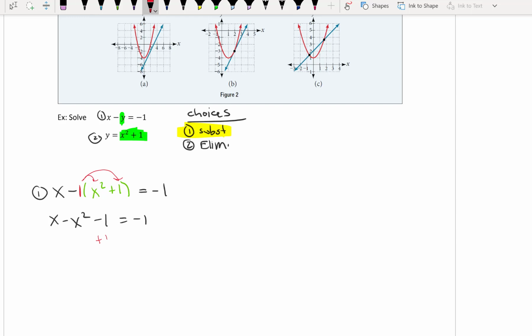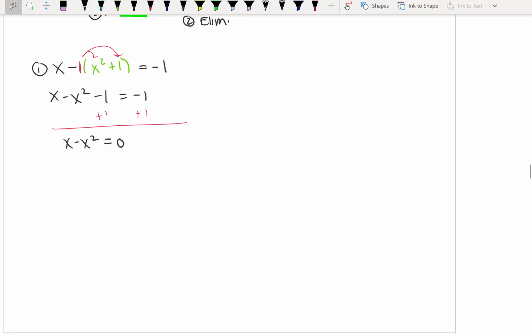Here I can add 1 to both sides, so I get x minus x squared is equal to 0. Rewriting this in standard form, meaning from biggest exponent to smallest exponent, I have negative x squared plus x is equal to 0.